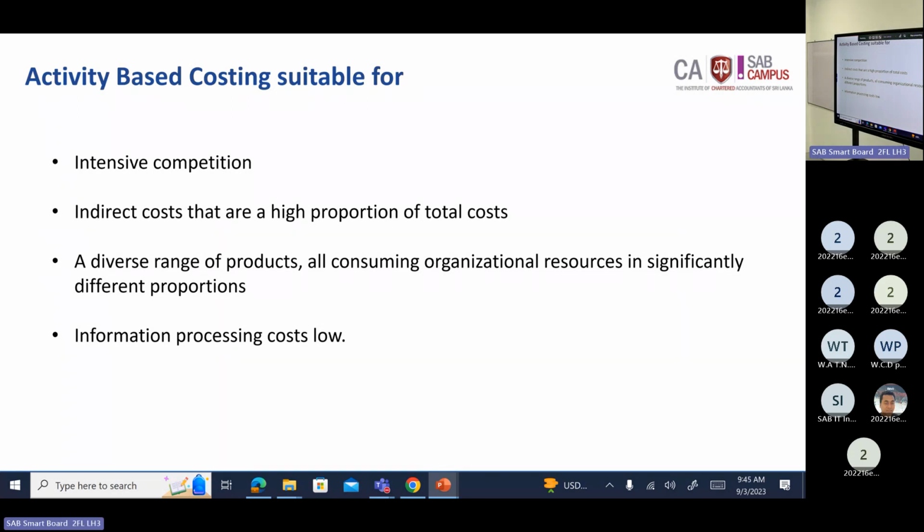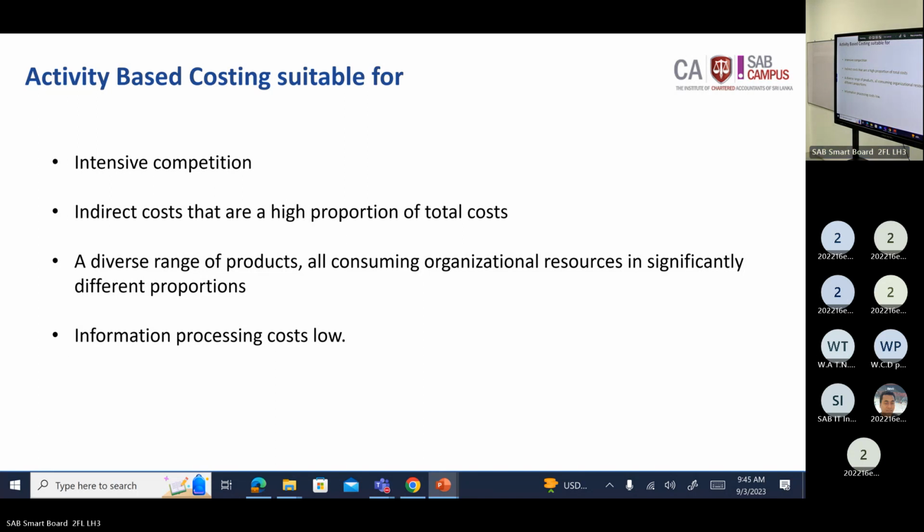Standardized product range: you have products A, B, C, and you are producing standardized products. You know that product A takes 1 machine hour, 2 machine hours, 3 machine hours, 1 labor hour. Very standardized product.